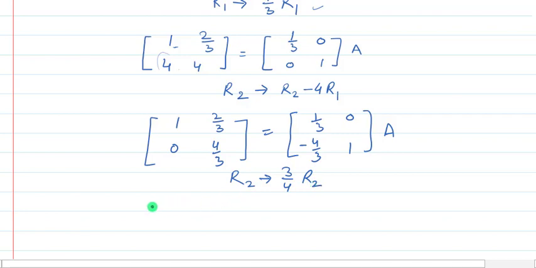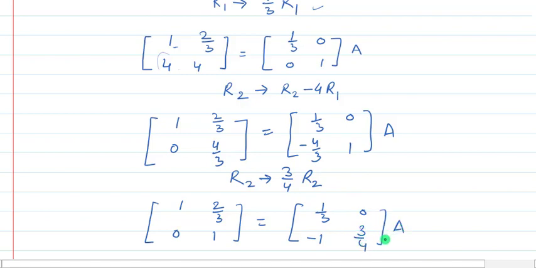After applying this operation, we are getting 1, 2 by 3 in row 1, there is no change, and in the second row 0 times 3 upon 4 is 0, and 3 upon 4 times 4 upon 3 is 1. Let us apply the same operation over here: 1 upon 3, 0 in row 1, and in row 2 after multiplying with 3 by 4 we are getting minus 1, and here we are getting 3 by 4, and A will be written as it is.